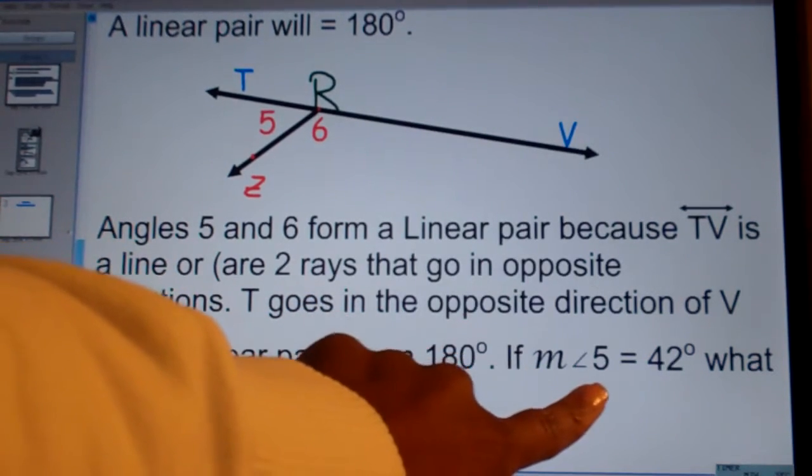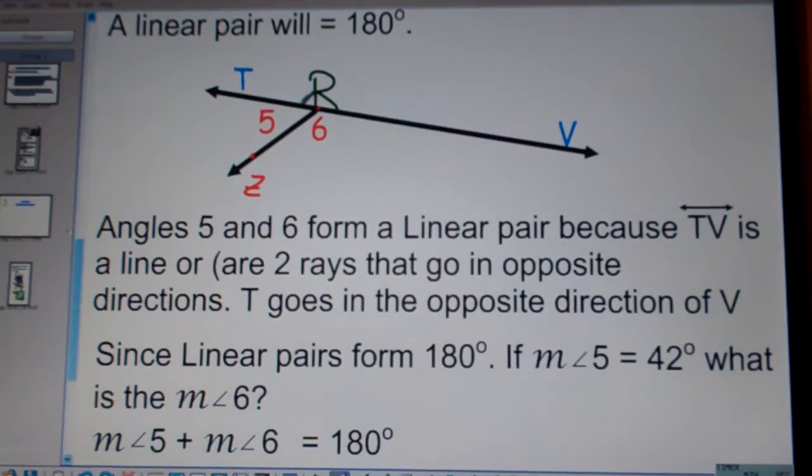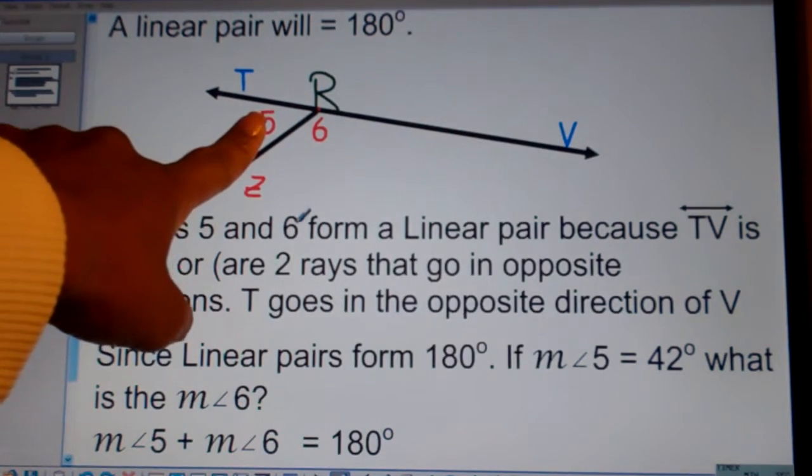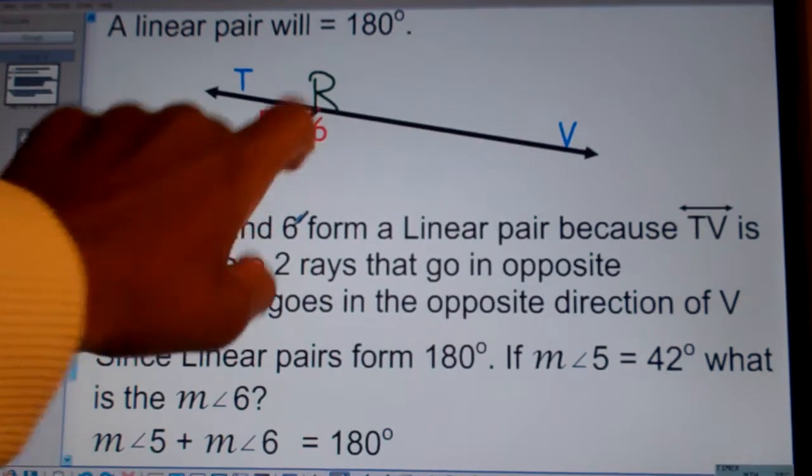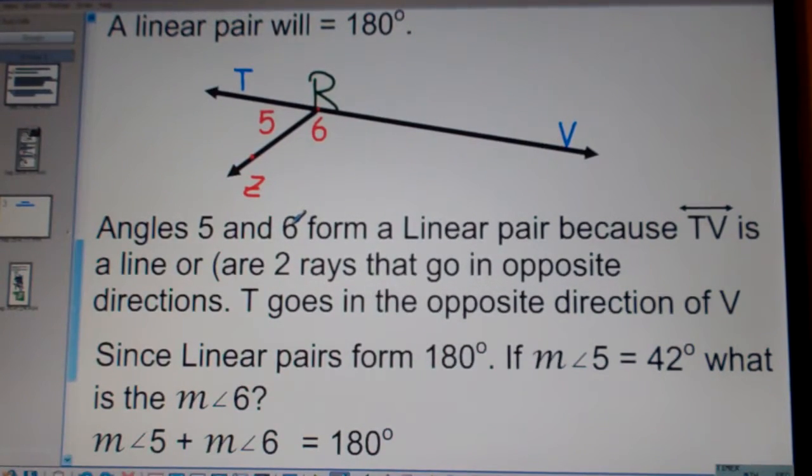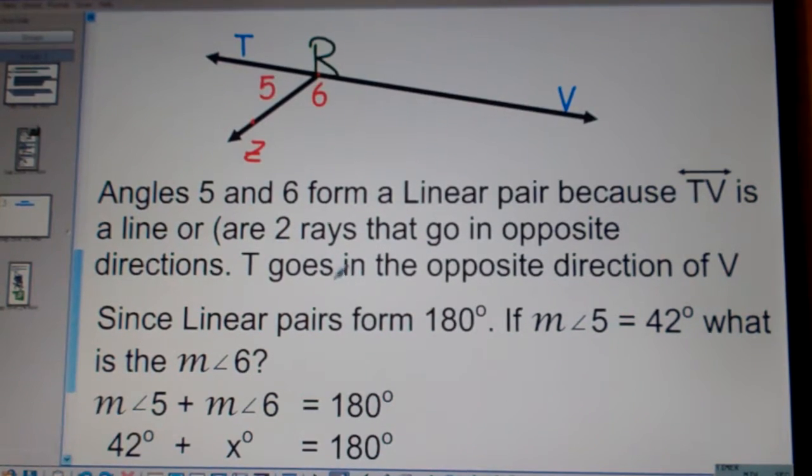So if the measure of angle 5 is 42 degrees, what is the measure of angle 6? Easy breezy to determine. Because the measure of angle 5 plus the measure of angle 6 is equal to 180 degrees, they're supplementary, we can just write an algebraic equation.